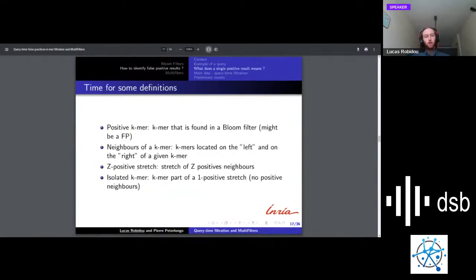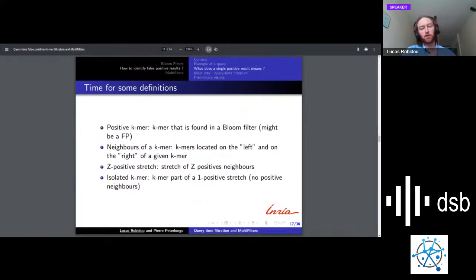To get rid of those, I need to introduce you some definitions. What I call a positive k-mer is a k-mer that is found in a Bloom filter. It might be a false positive, we don't know yet, so I'll just call it a positive k-mer. The neighborhood of a k-mer is the k-mers that are located on the left and on the right of a given k-mer: the previous one and the immediately next one.